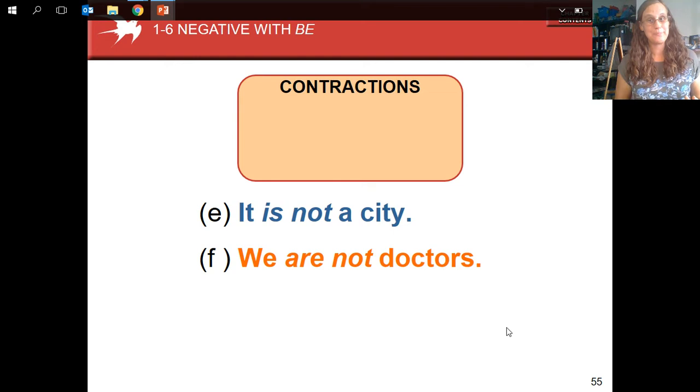What about we? We saw you. Remember you? Similar. We are not doctors. We are not doctors. Remember, two contraction forms. What are the contractions? We are not doctors.